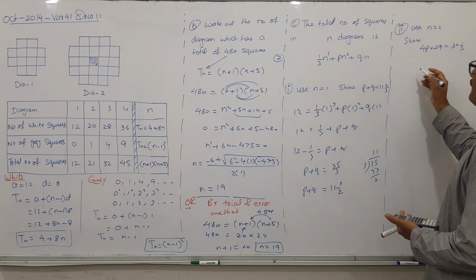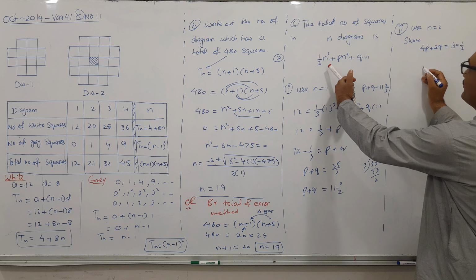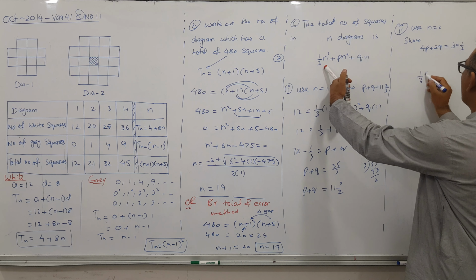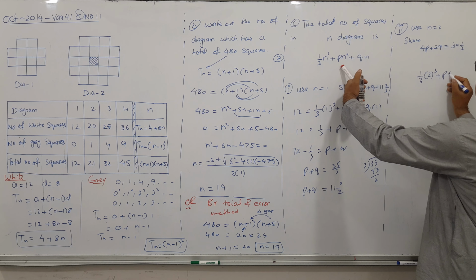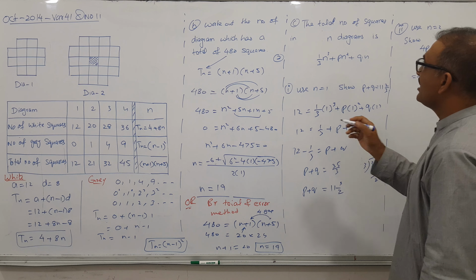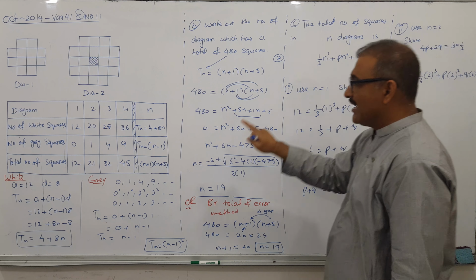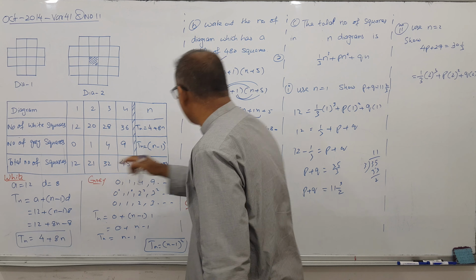The issue is here. When you don't use the word first and you replace n with 2 everywhere, put 2 here. So I got 2 cube, and put 2 here, and 2 here, equal to the total number of squares in diagram number 2. So boys will put here 21.